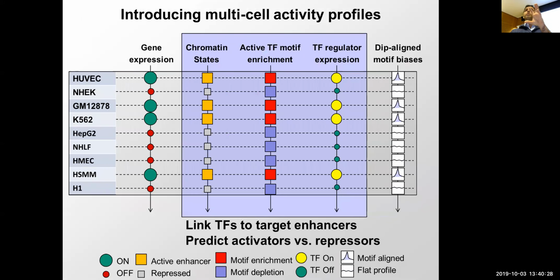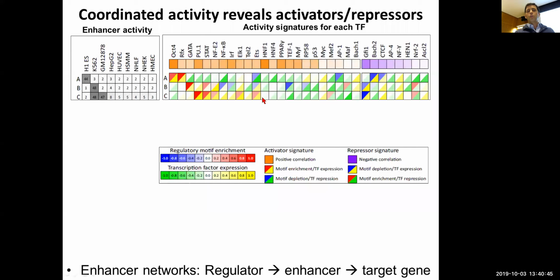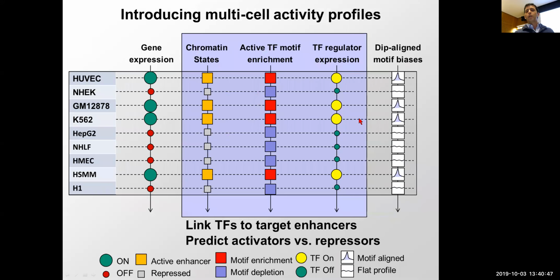Raise your hand if that makes sense. Awesome. Great. So the next picture is going to be a little complicated because I'm going to be showing three-way correlations. In the upper left corner of every entry, I'm going to be showing you the motif enrichment or depletion. And on the bottom right corner, I'm going to be showing you the positive or negative correlation with the expression of the transcription factor.